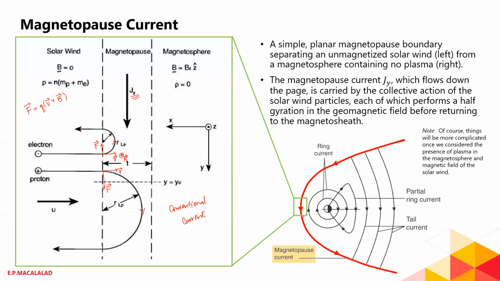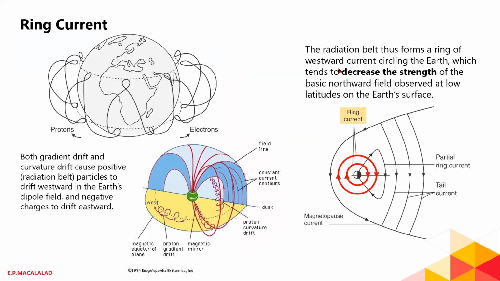Okay? Now that is the opposite direction of the ring current, because the ring current is actually produced, as I mentioned before, due to the westward drift of your trapped electrons and protons. Remember your plasma drift?